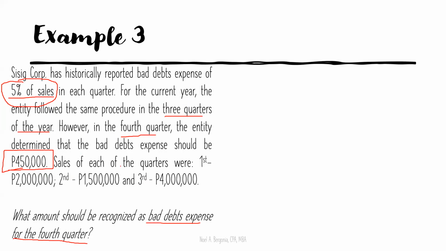Sales for each of the quarters are as follows. Remember that the basis of our bad debts is the sales.